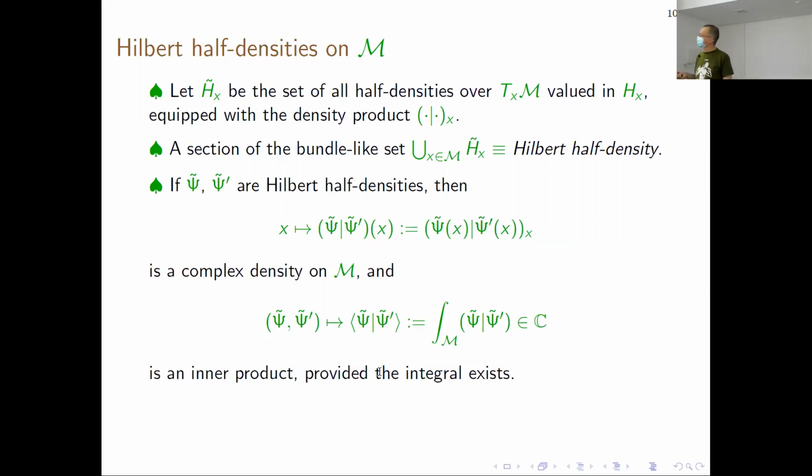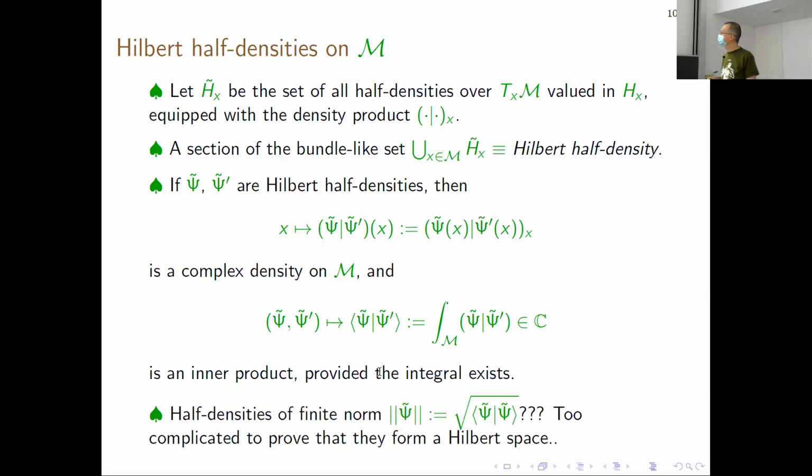But of course, the problem is that for some Hilbert half densities, this integral may not exist. So now there is this question: how should I choose these Hilbert half densities to be sure that this scalar product is well defined?